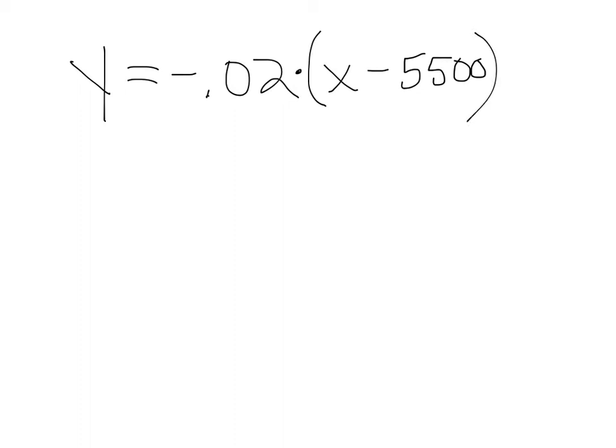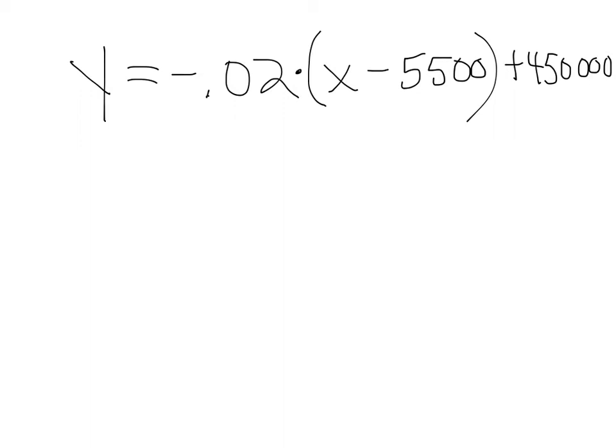Our equation should be y equals negative 0.02, that's what we determined for our A value, times x minus 5,500, which was our number of waste trimmers produced and sold, squared, and then plus our profit of $450,000.